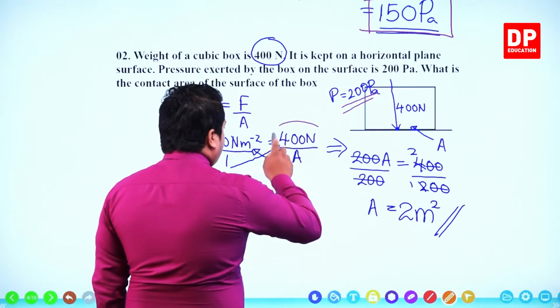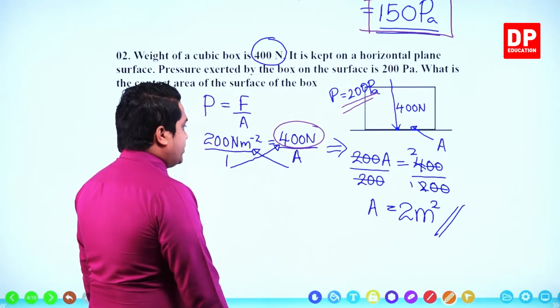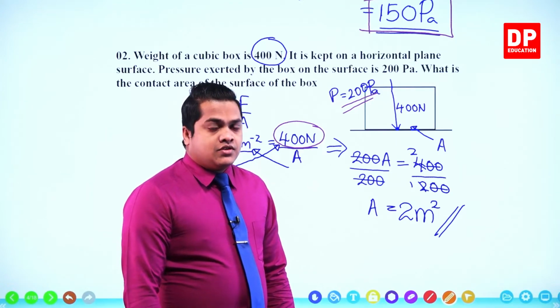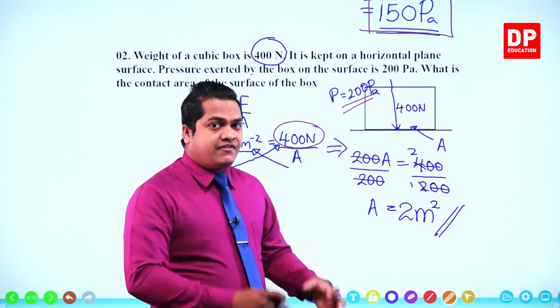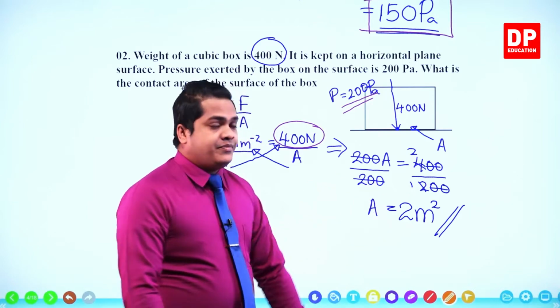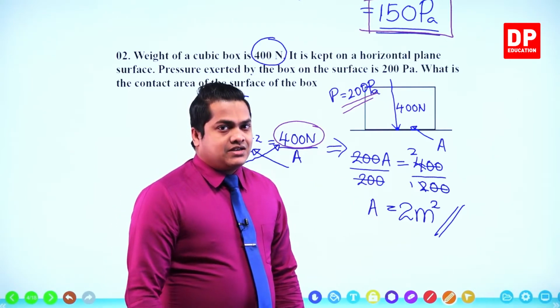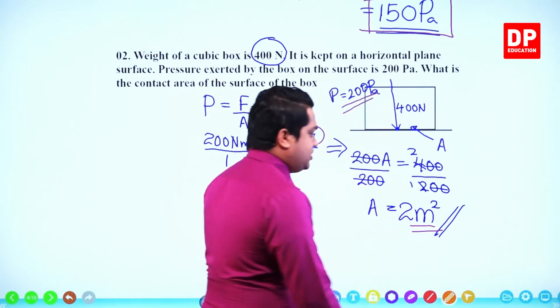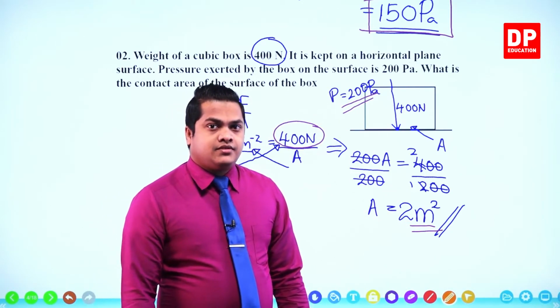Here the force, you substitute with newtons, the international standard unit of measuring force. So when you simplify and get the answer for area, you will receive it in the international standard unit of measuring area, which is square meters, right?